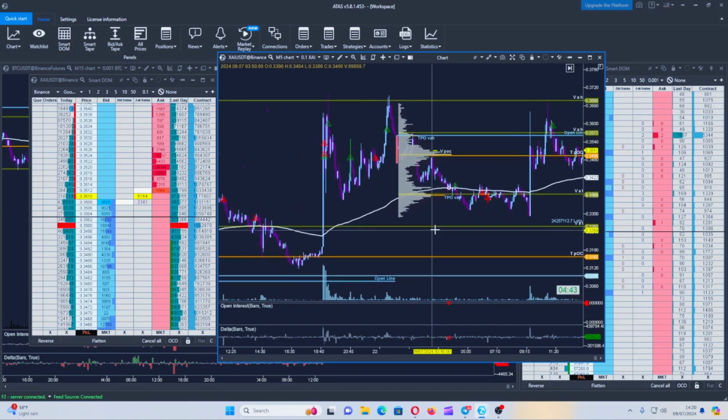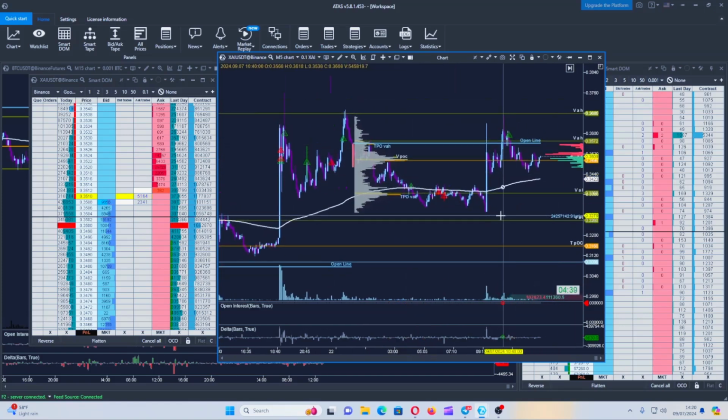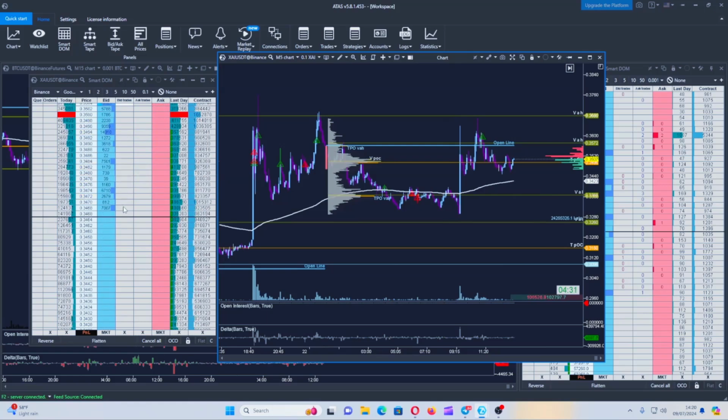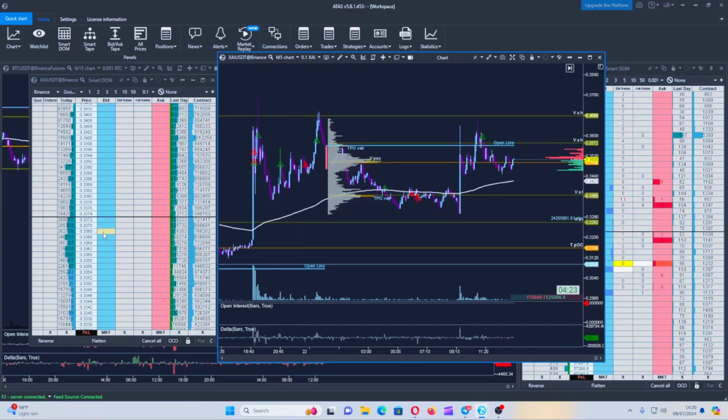So if we go back to yesterday and actually have a look at XAI, you see it only ever really dropped down to there. So if we go down to that area, which is 3348, see how there's low volume here, but then the volume increases here.